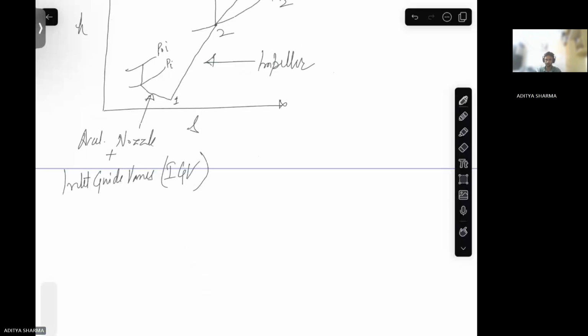I'll just discuss the velocity diagram. After that, I'll quickly write down the expressions for some of the terms that I have. Then we'll move on to questions.